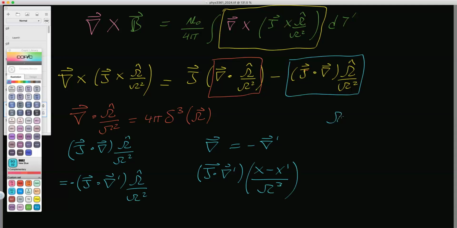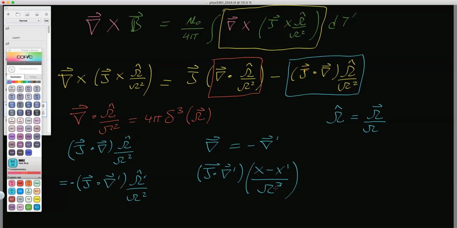Remember that omega hat is omega over omega, the vector omega over the length of omega. So I just replaced this guy with just omega over its length. That's why I have a cube down here. Everybody good? This just helps me because I can mess around with stuff.